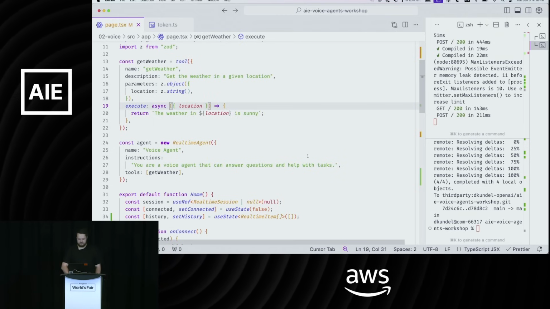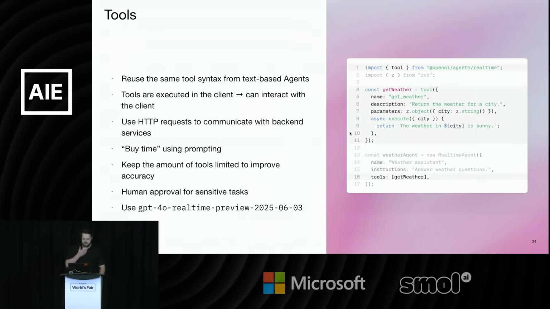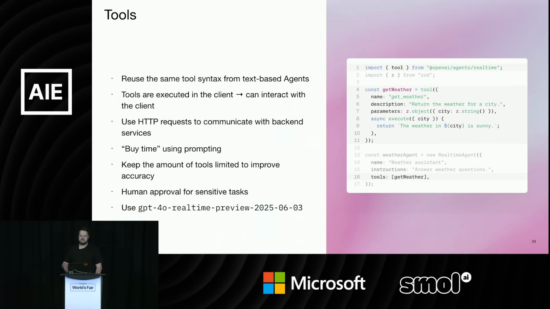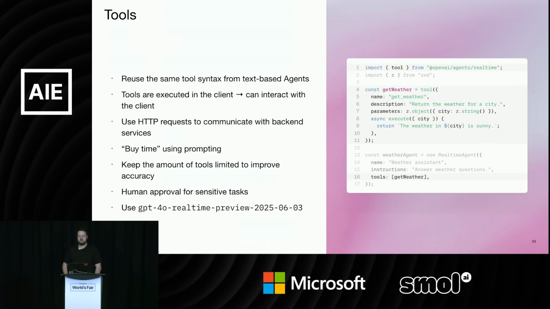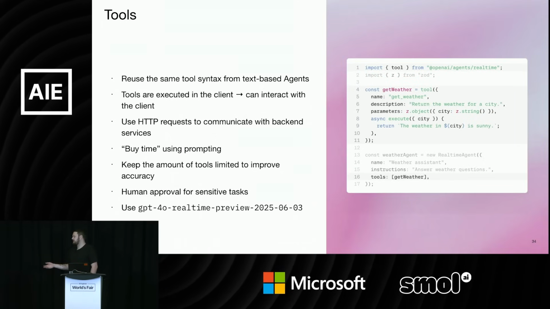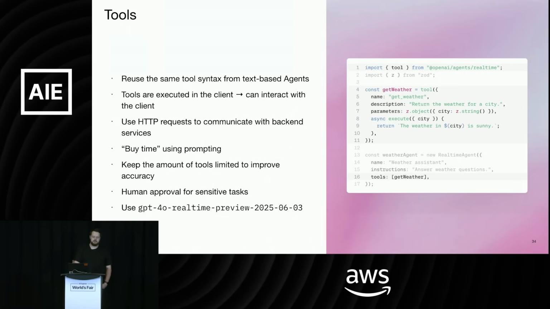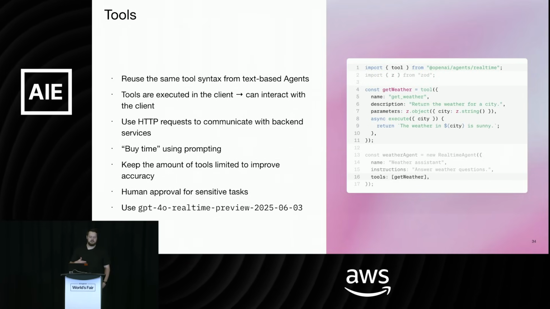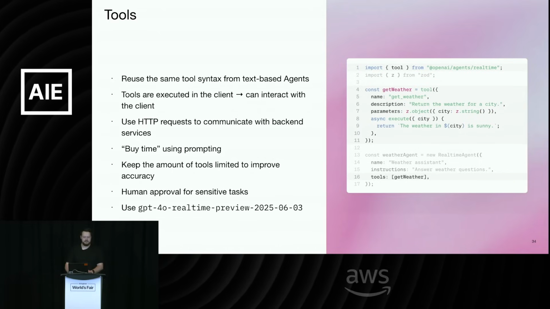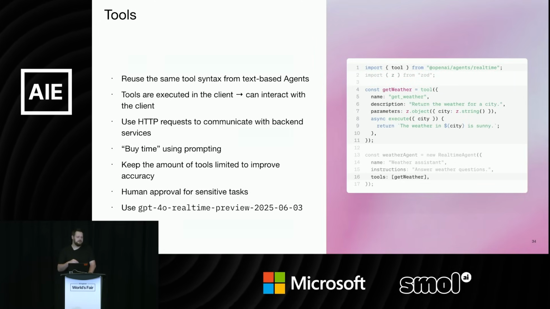Awesome. Let's move on a bit and show a couple of other things. So we talked about tools. As I said, one of the benefits is you can reuse the same syntax that you're doing with text-based ones. It's also a good way for you to communicate with your backend systems using HTTP. It follows a general practice of keeping tool calls as low latency as possible.